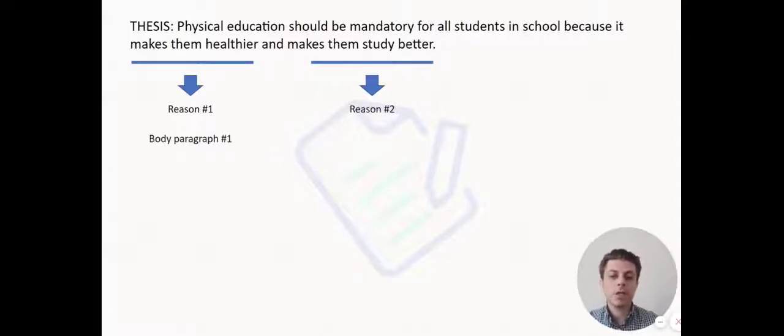Now, for each reason, we're going to have a body paragraph. So in an argumentative essay, the main argument is the thesis, it is the writer's stance, and the reasons and the justification are going to be the body paragraphs.